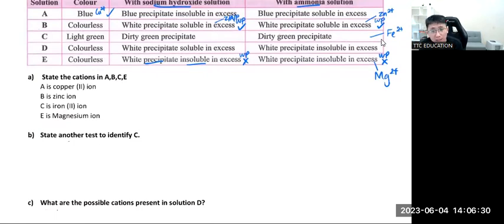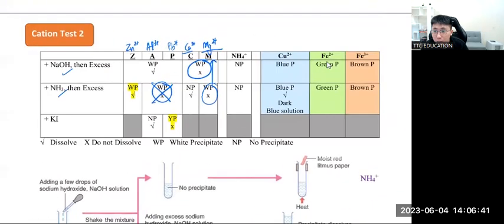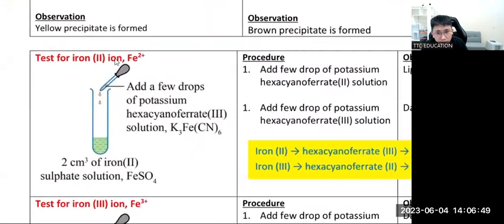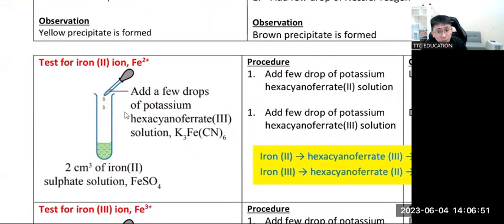This time we already get it. So for Fe2+, besides doing the sodium hydroxide test and the ammonia test, do we have a specific test just for Fe2+? Then you go back to the notes and you see Fe2+ is always green. Do we have a specific test for Fe2+? You go back up. Test 1. Fe2+, that's fine. Easy. See? Fe2+ is green, right?